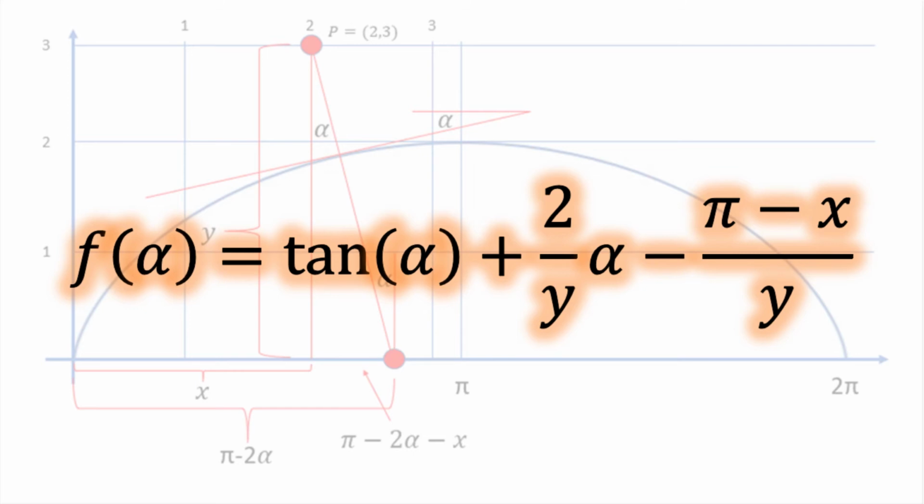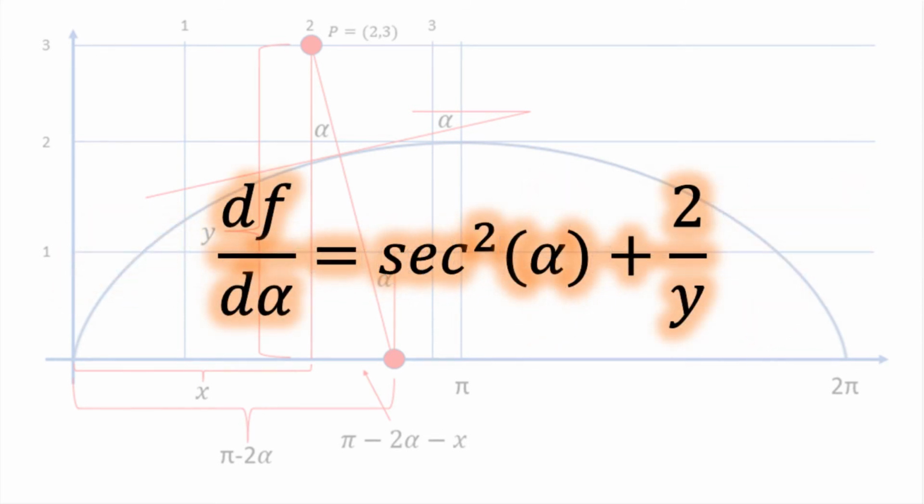And I need to derive that in order to get into the next step. So let's go ahead and derive the function. And we know that the tan function turns into the secant squared when we derive, and that's secant squared of alpha plus 2 over y. And you're like, well, what happened to your pi term?